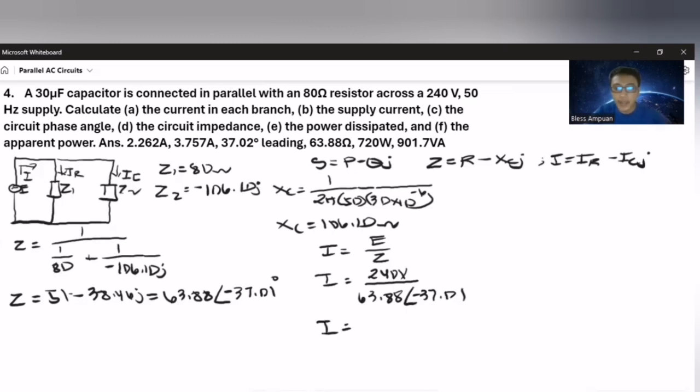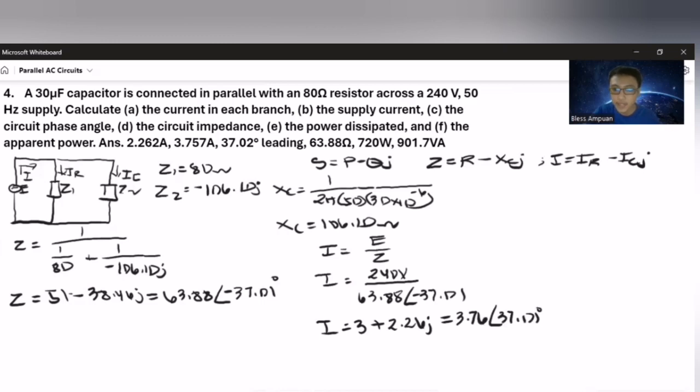Using your calculator, our current is equal to 3 plus 2.26 J. And if you convert this into its polar form, this equals 3.76 angle of 37.01 degrees.